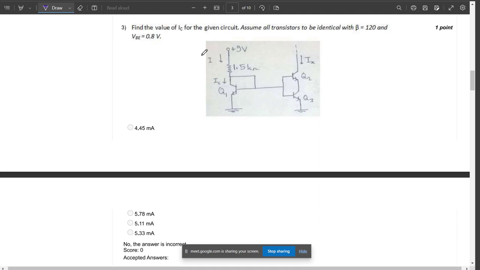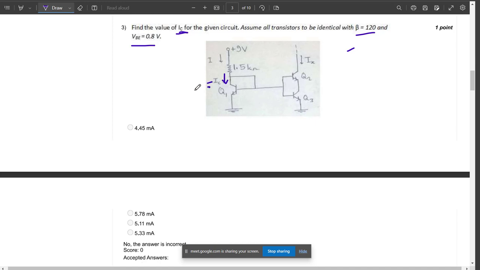Here you have to find the value of IC for the given circuit. Assume all transistors to be identical with beta equal to 120 and VBE equal to 0.8 volts, and we have to find the value of IC. This IC is the current going here.